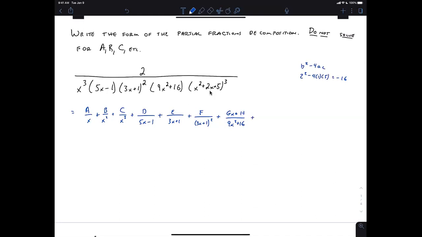It's repeated, so we get Ix plus J over x squared plus 2x plus 5. We get Kx plus L over x squared plus 2x plus 5 squared. And we get Mx plus N over x squared plus 2x plus 5 to the third.